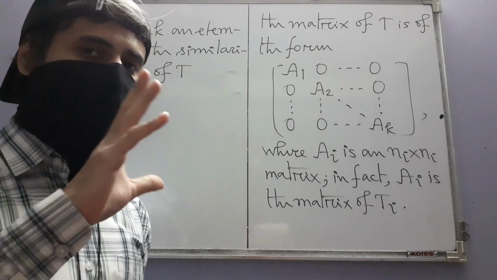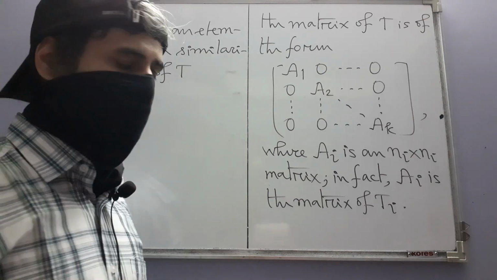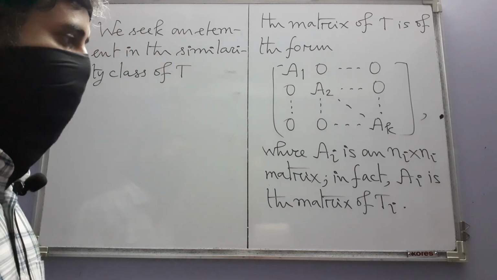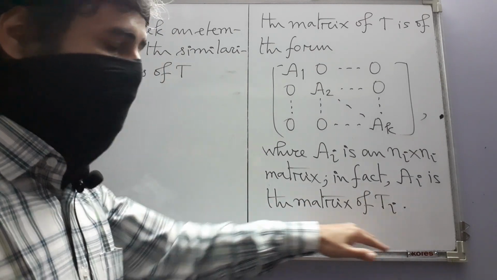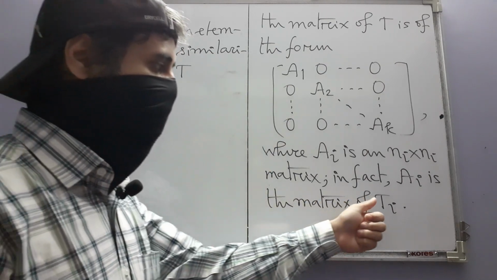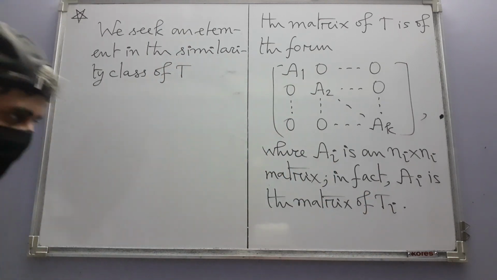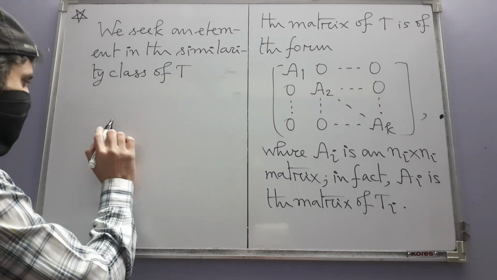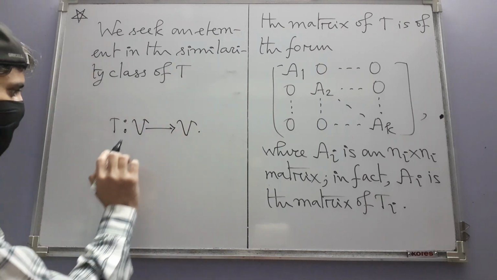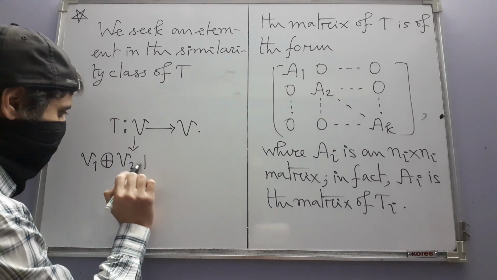If instead of doing this job straight away for our actual T, we do the job for each Ti separately, then obviously combining those Ti's, you can create T. And you do understand what I mean by saying combining those Ti's, right? What is basically T? T is a function, no? T is a function from V into V. And V is a direct sum of these subspaces.